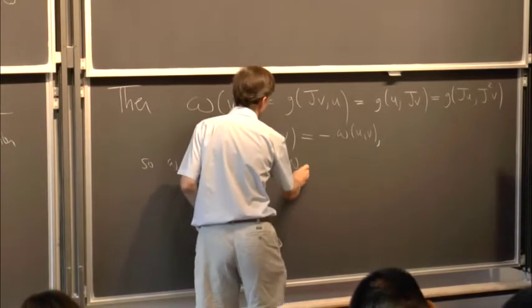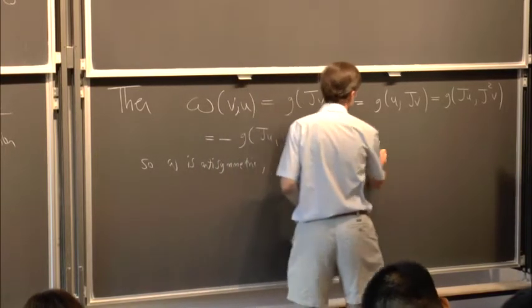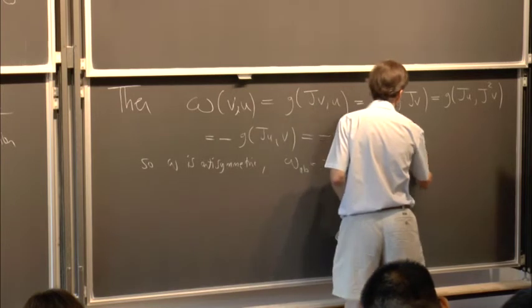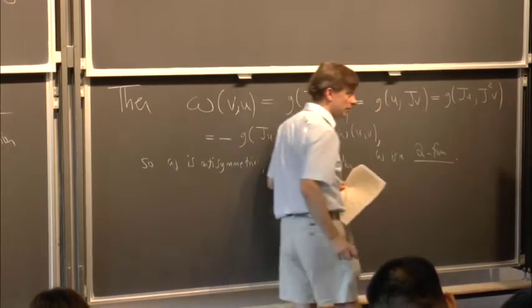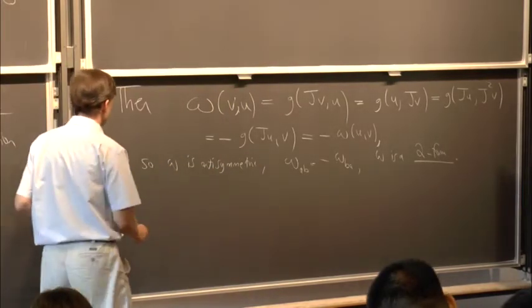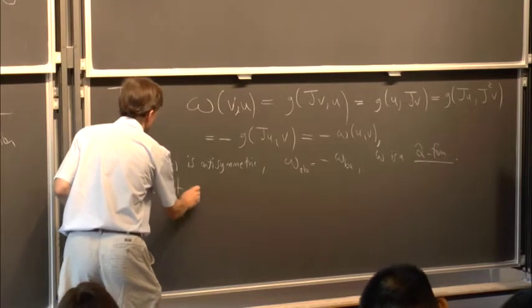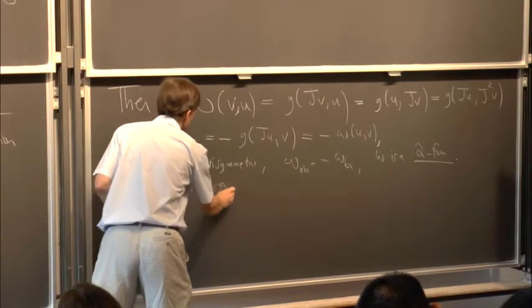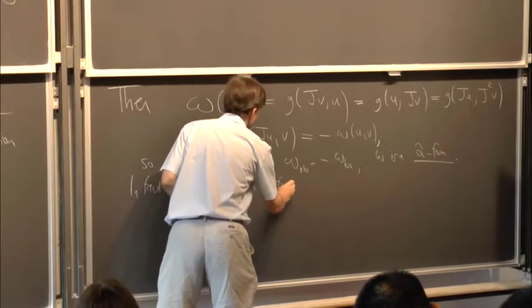So omega_AB is minus omega_BA, and omega is a two-form. That only works because g is Hermitian. And in fact, it is a real (1,1)-form.